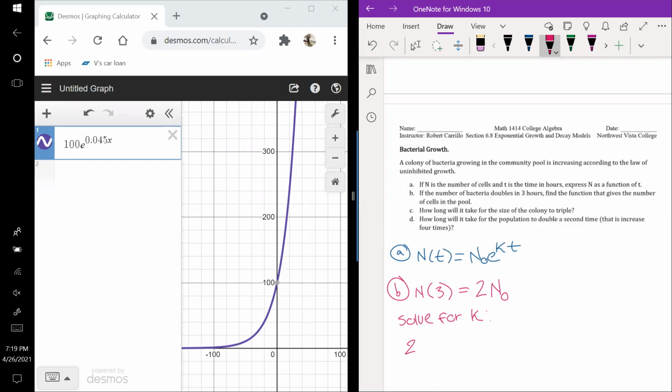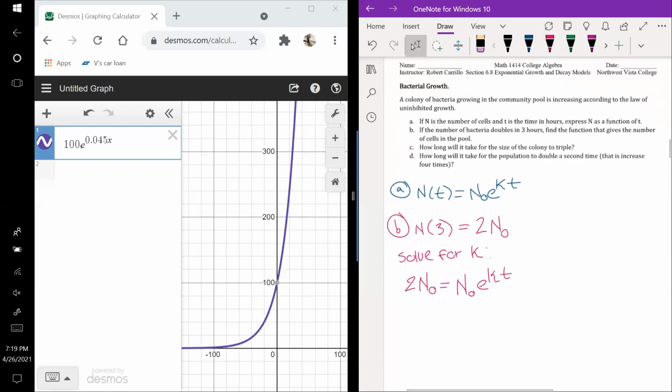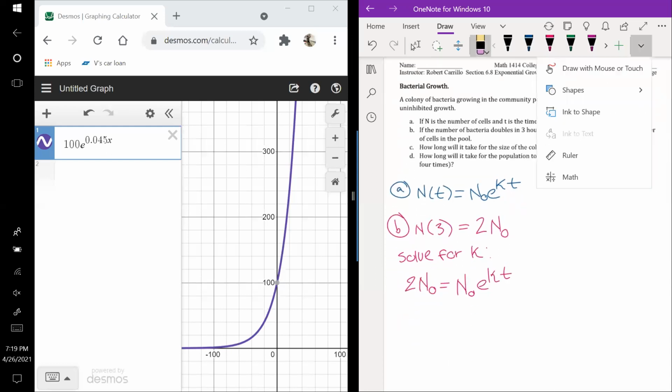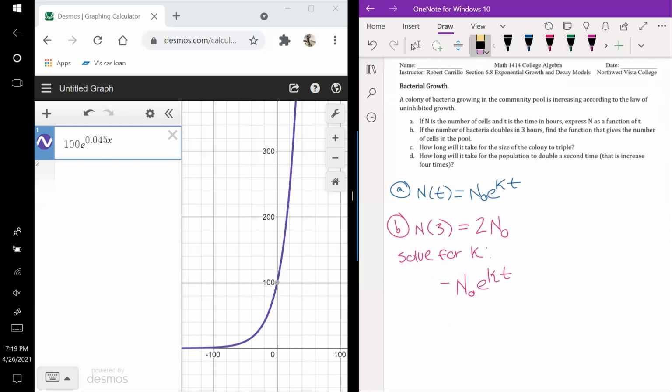So this means that we'll get 2 times N initial equal to N initial times E to the KT. Oh, sorry. Not yet. One tiny mistake. We'll start over. We're still going to do that, but we're going to start with N of 3 and plug in 3 for T. There we go.